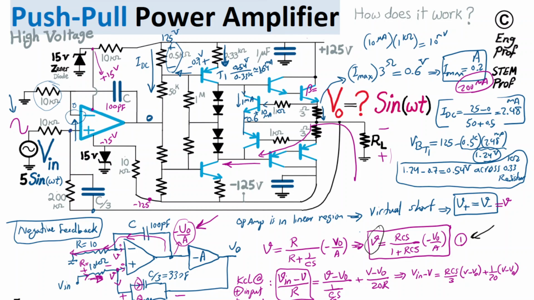But let's assume it has a beta of 20, a very low beta, and this one has a beta of 50. So the overall beta of this cascade in the Darlington pair is 50 times 20, which is 1000. So 200 milliamp translates to 200 microamp here, or 0.2 milliamp.